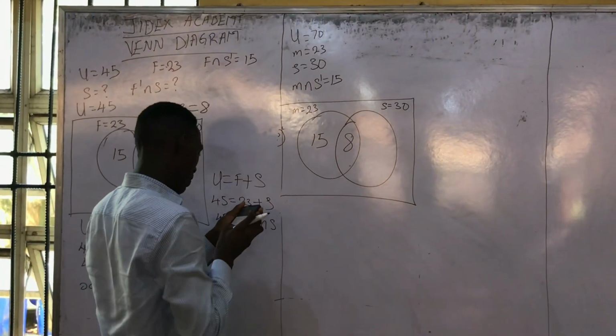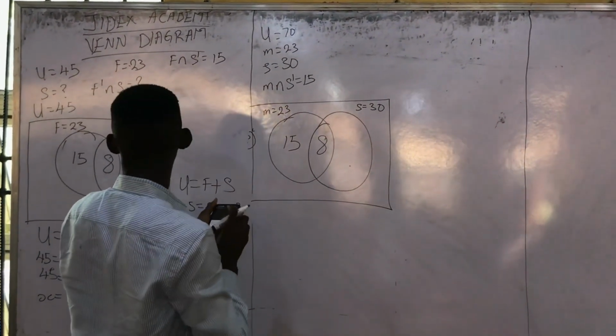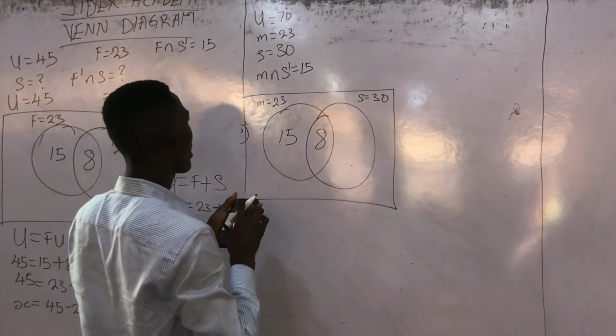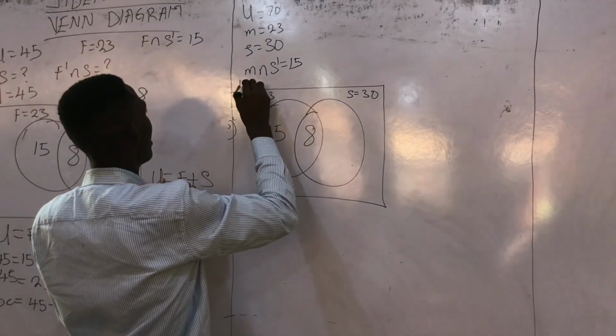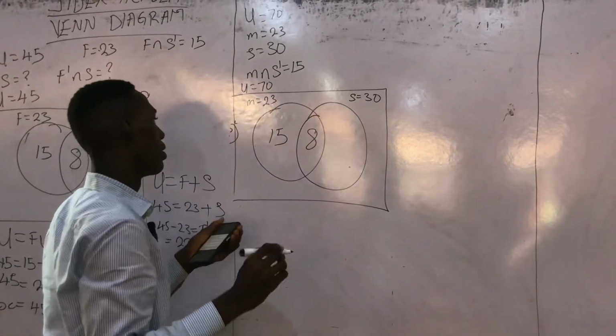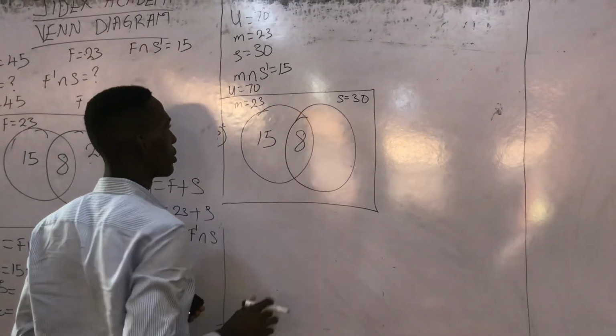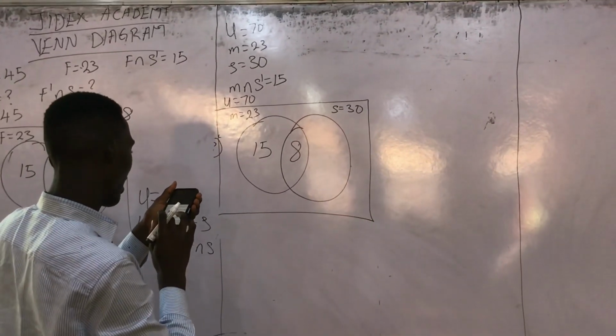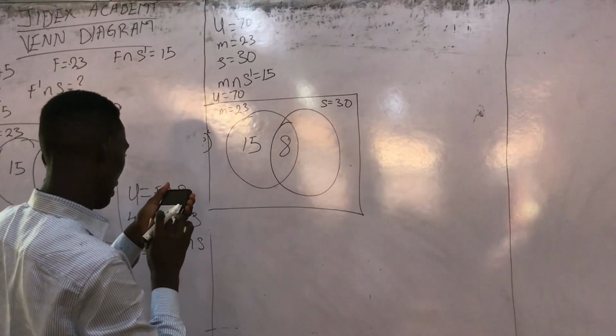Okay, let's see how this goes. Our universal set here is 70. Alright, so we have gotten our intersection. Now to get those that pass in statistics only.